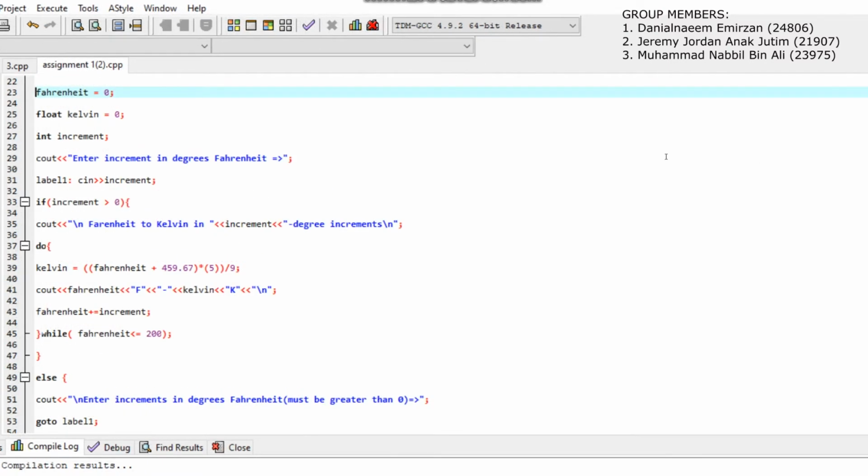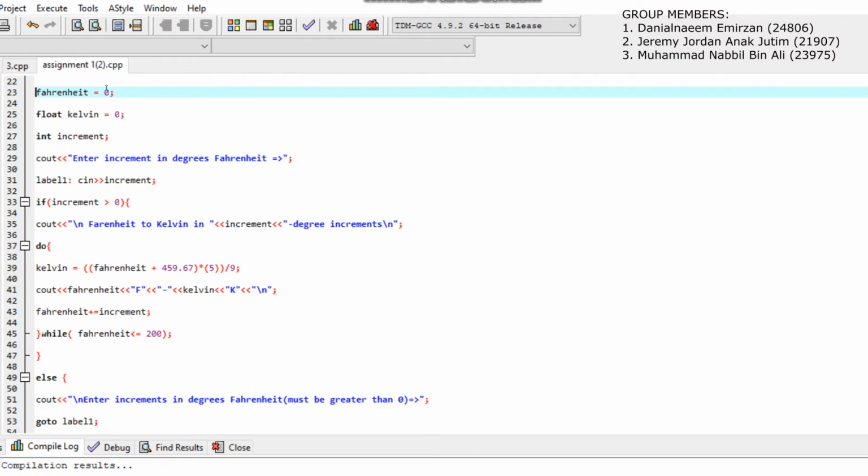For the second question, we need to use a do while loop in this solution. So the question is to generate a table of conversion from Fahrenheit to Kelvin for value from 0 degree Fahrenheit to 200 degree Fahrenheit. So we need to allow the user to enter the increment in degree Fahrenheit between lines.